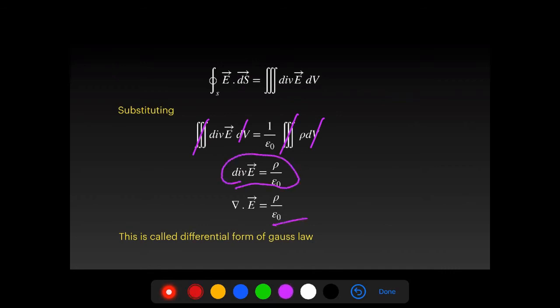So finally we got this one. This is an important formula from the exam point of view. Sometimes they may ask problems based on the divergence of E bar equal to rho by epsilon naught.